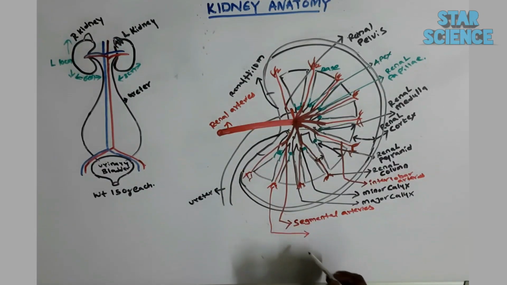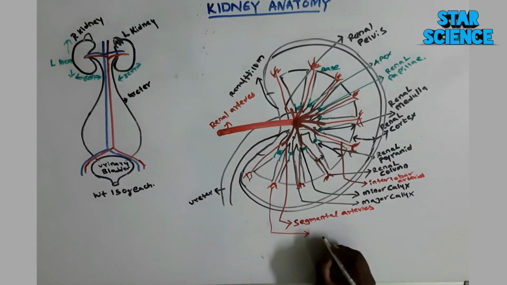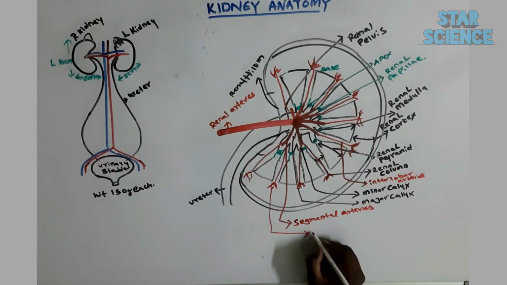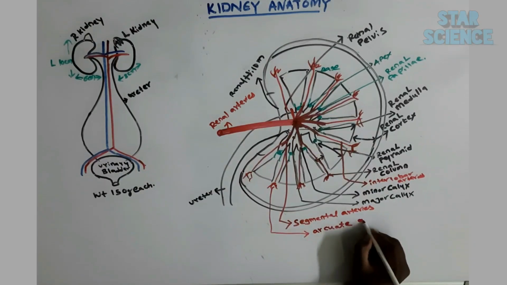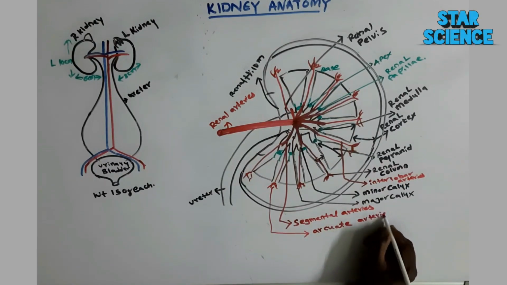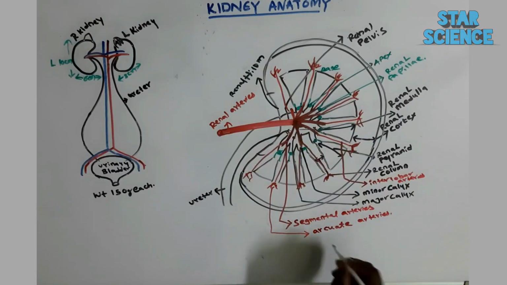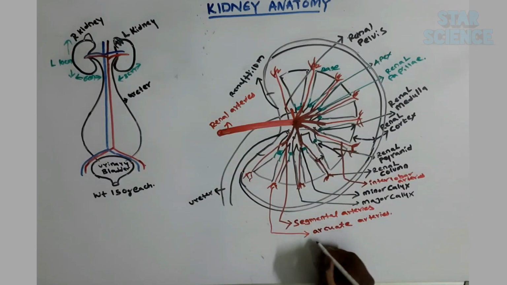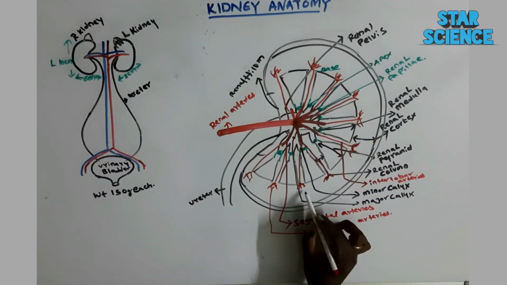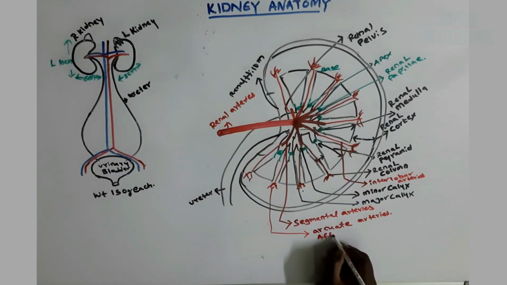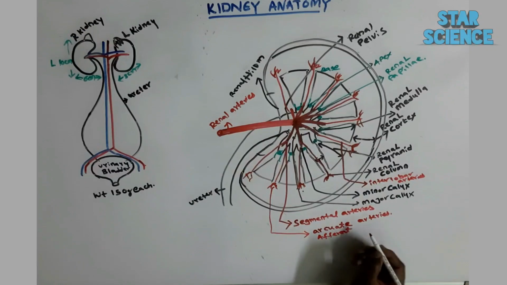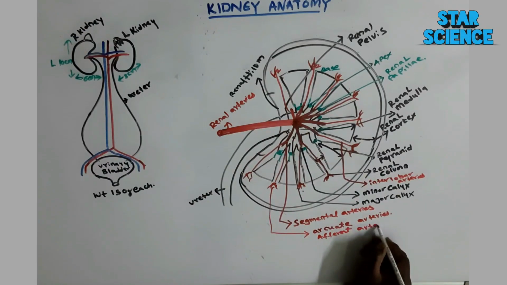These arcuate arteries further connect to the nephrons, where in the next stage they enter into the glomerular filtration.